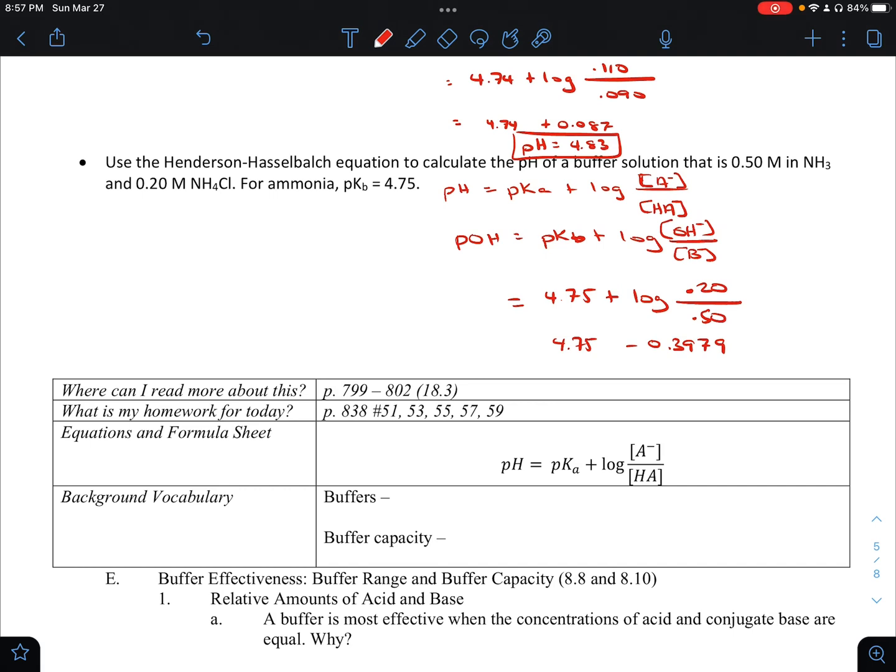So we should get 4.35. So our pOH is 4.35, and our pH is 14 minus that 4.35. And we should get a pH of 9.65.